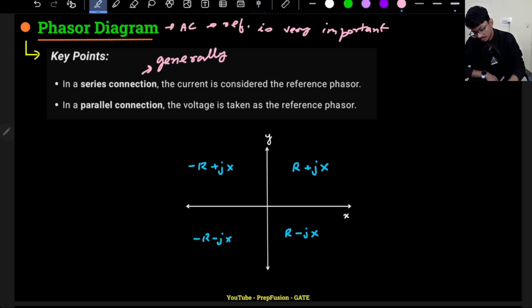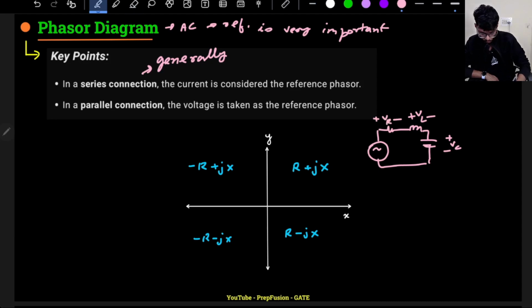Why? Let me give you an example. This is a simple R, L and C element, and I have a sinusoidal input here. So this is Vc, this is VL, this is VR, and this is my input Vs, Vin, and this is my current. Which signal here is common between all the elements?